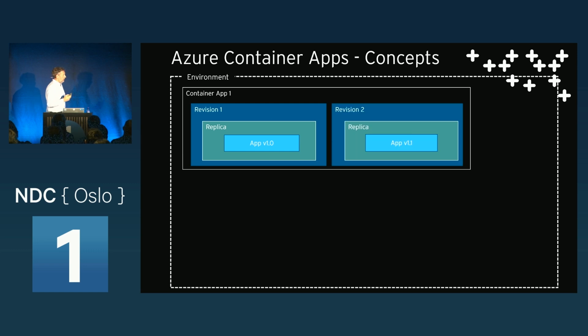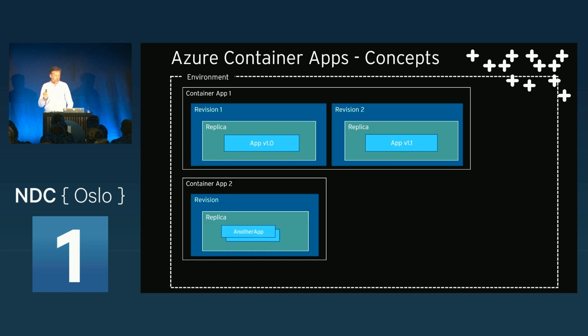If I deploy another version, 2.0, I will get a new revision. And the old revision will still be there, and we'll talk about how you can handle that old revision. Because sometimes you just want the old one to go away. Sometimes you actually want to have multiple revisions running at the same time for various reasons. So revisions are an important concept here.